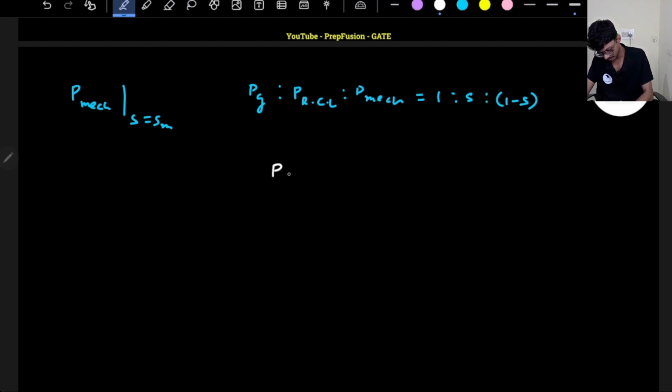So I can say what is my Pg? Pg will be 3 into I2 dash whole square into R2 dash divided by Sm, at maximum torque. So what is I2 dash? Again the same formula, right?